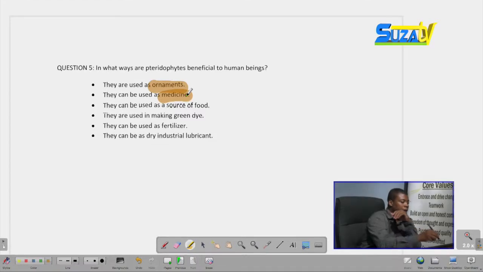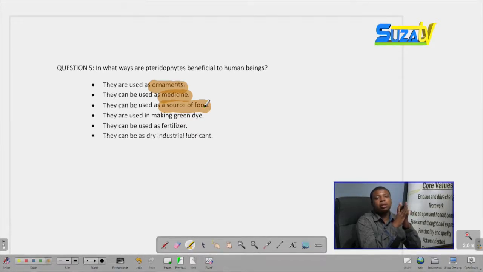The fronds, the rhizomes, they can all be used as medicine. They can be used as a source of food. Some types of fern plants or other members of division Filicinophyta can be used as a source of food.